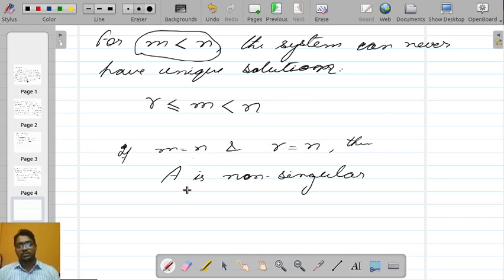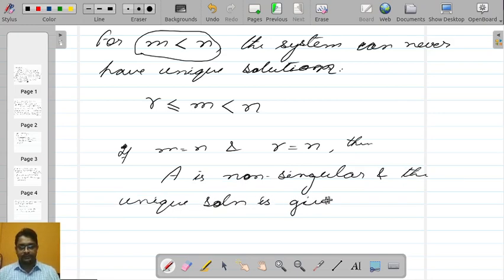So if m equal to n and r is also equal to n, then A is non-singular, and the unique solution is given by x equal to A inverse B, right?